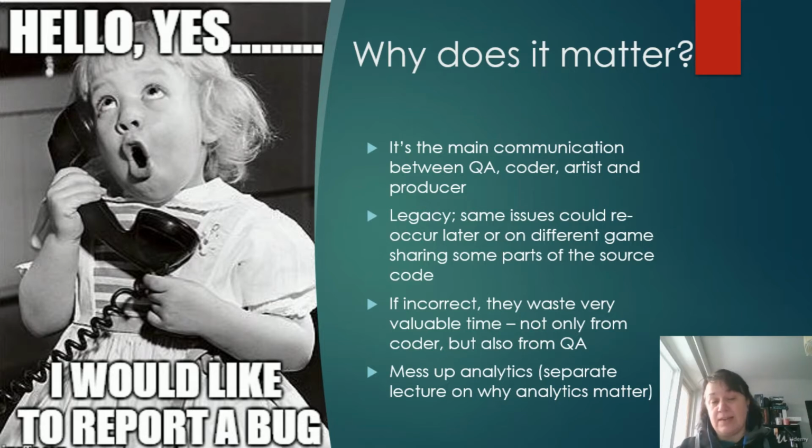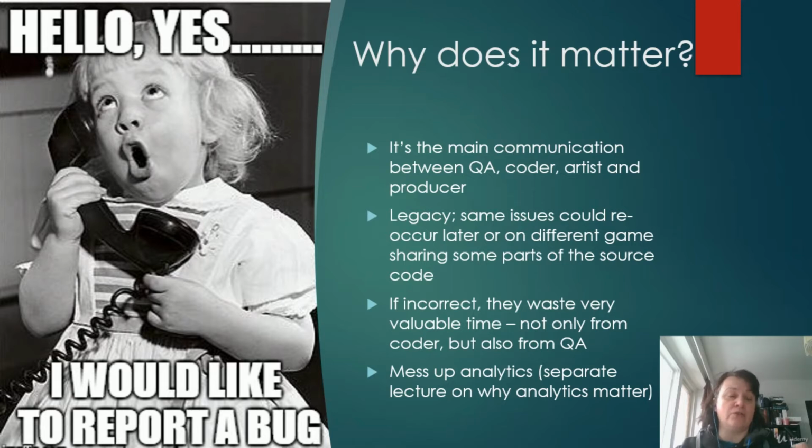Also, if the bugs are incorrect, if there's something wrong about them, or if they're not relevant, or if the software is misunderstood, they can waste very valuable time from the QA, but also from the development team or from the producers and from the project managers as well. And of course, they will mess up analytics.